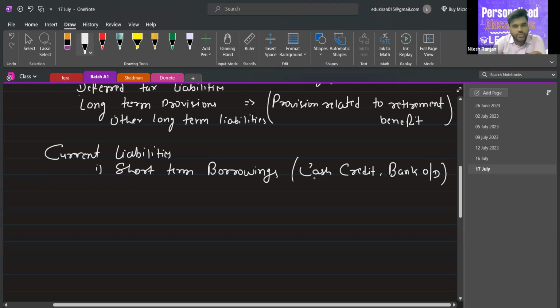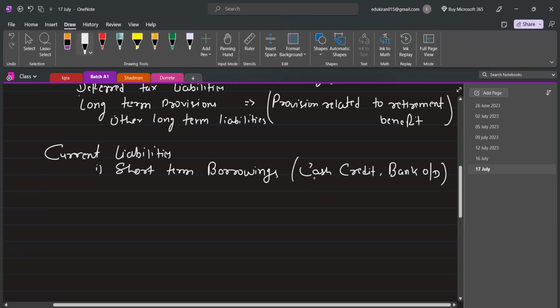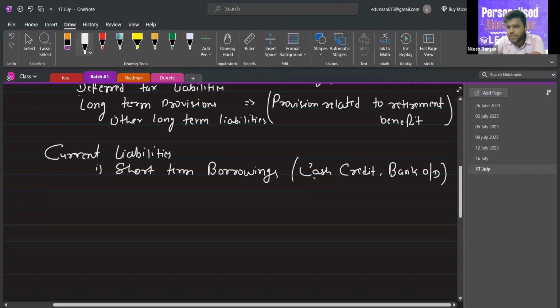Call money means calls in advance, you are saying? Yes, sir. Actually, calls in advance will go to other current liabilities.